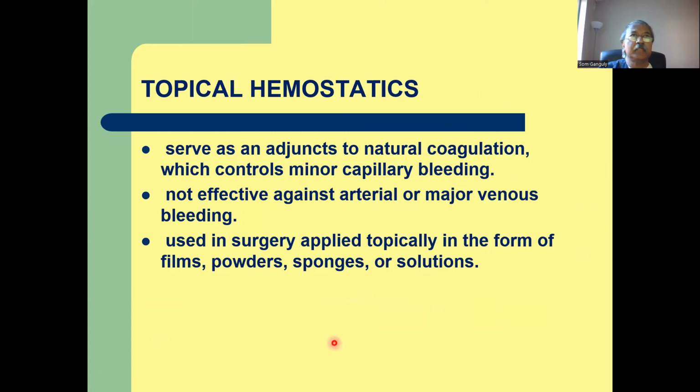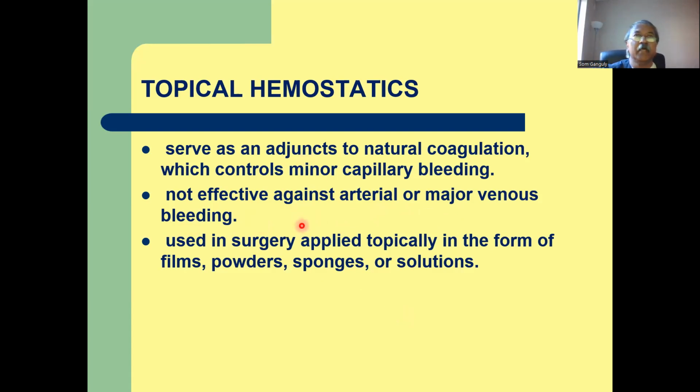So those are topical hemostatics. They will control any type of bleeding, not only capillary bleeding, but major bleeding also can be controlled, depending on how much. If it is an artery that is open and bleeding, that is when we consider it major arterial or venous bleeding. That is when we need a mechanical way of hemostasis.